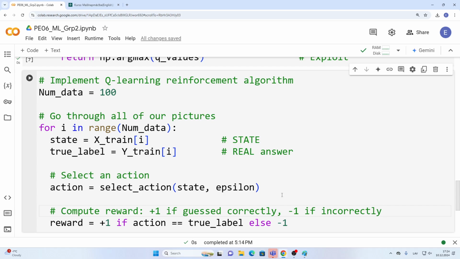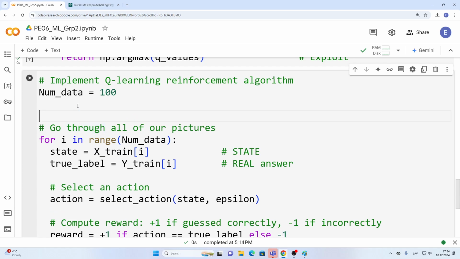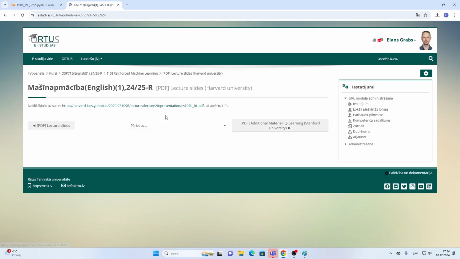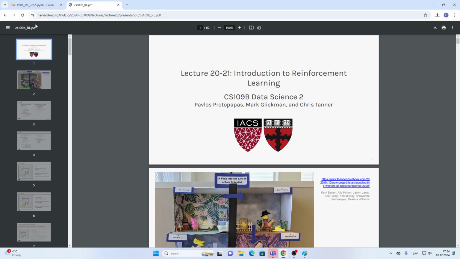Now also what we want to do is to say, okay, but we don't really care about just this picture. We want to have a maximum reward for all 100 of our pictures. So what we need to do now is to accumulate that reward. So now we need to introduce, I don't recall how we called it in the lecture. We had this specific name. Let's see the presentation.